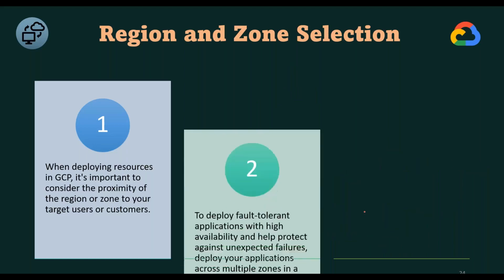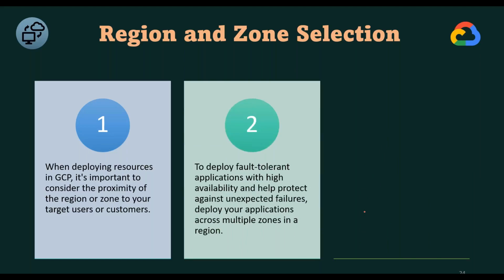And one more important point is to deploy fault tolerant applications with high availability and help protect against unexpected failures. Deploy your applications across multiple zones in a region. This is what I have just told you. For example, if you assume that this is a region, each region will have zone 1, zone 2, zone 3. More than 3 zones will be there, sir.